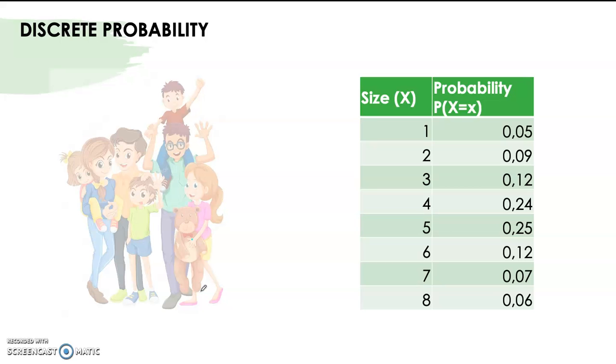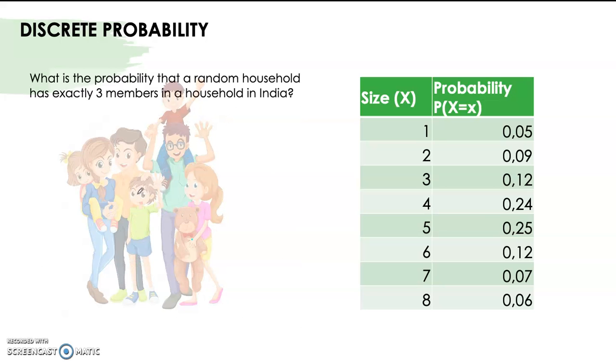Now you should have understood the basic terms in discrete probability distribution. Now let us use the information of this discrete probability distribution using the family members in India case to grasp some knowledge about the likelihood of a random variable to happen. So let's answer this first question.